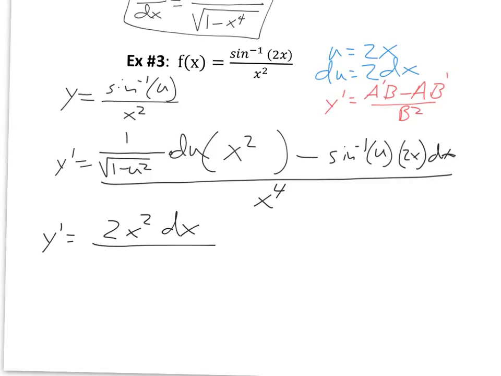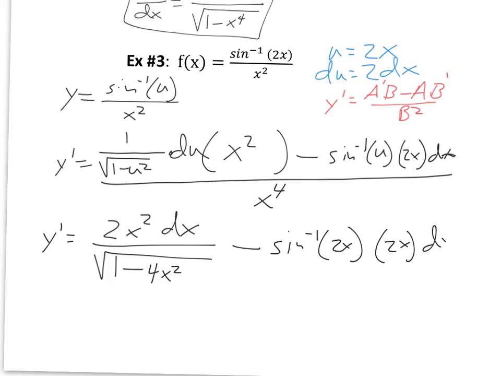And then on the bottom, I have the square root of 1 minus, and my u is really 2x, right? And I'm squaring that u, so 2x squared is going to be 4x squared. All right. And then that's minus the arc sine of my u, which we said is 2x, times 2x dx all over x to the 4th.